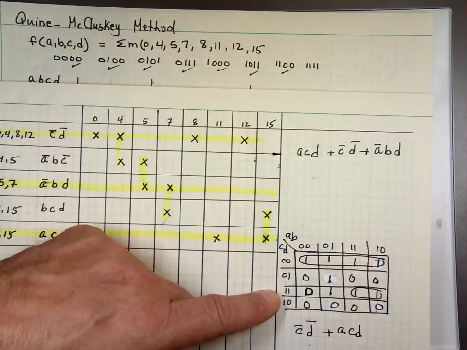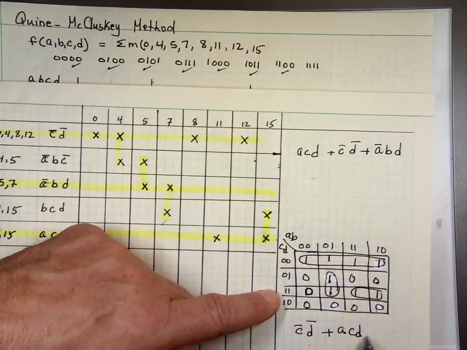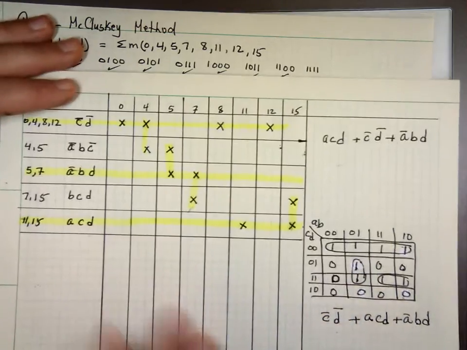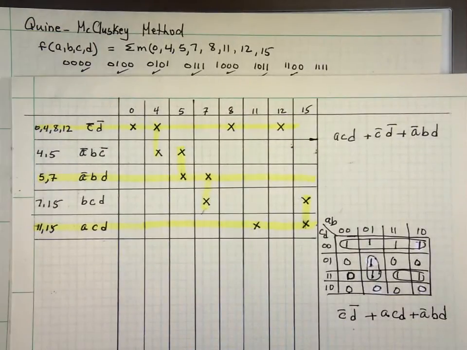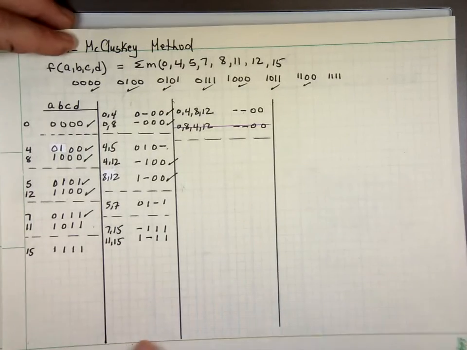And you take these two: A bar, B, D. Is that what we have up there? So for those people who don't like the 5 variable K-map, that's an alternate way of doing it. The Quine-McCluskey is not really hard, you just got to be careful. You got to keep your eyes open.